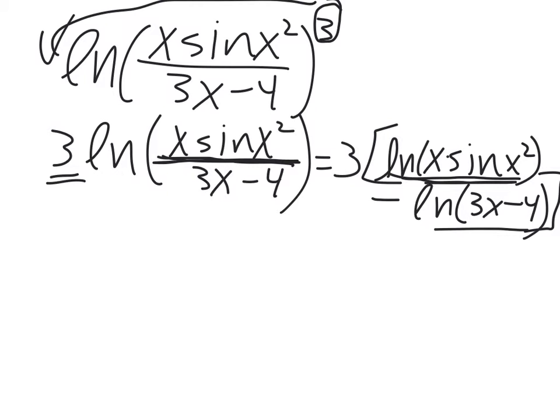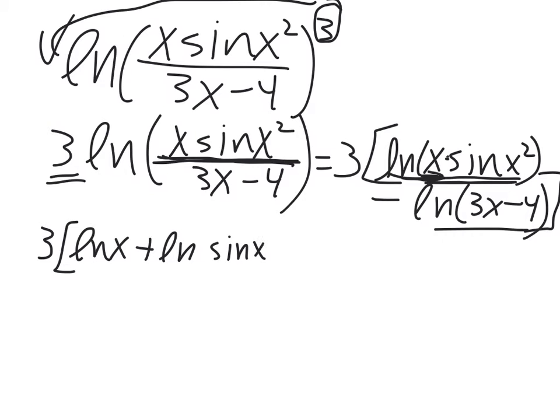We have a product, x times the sine of x squared. We can rewrite that as what? Natural log of the first plus the natural log of the second factor.